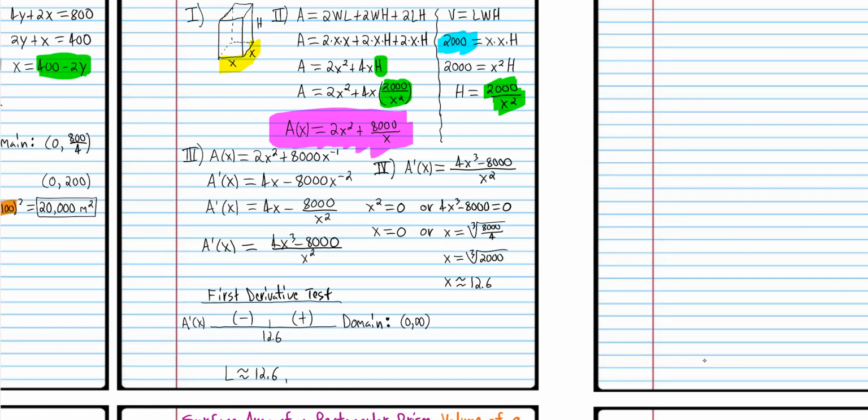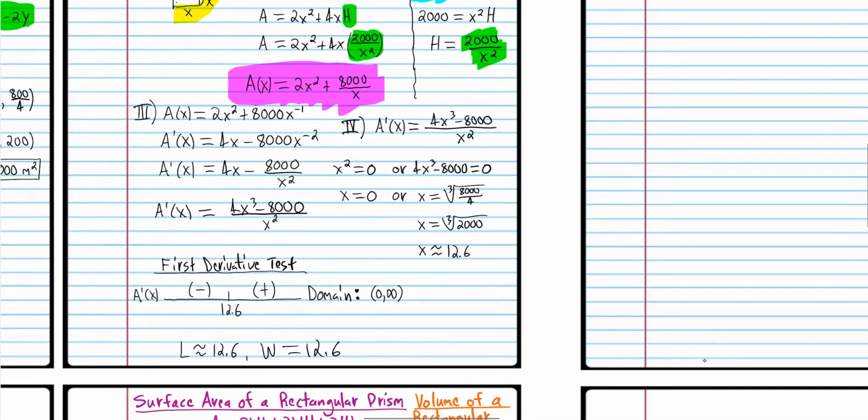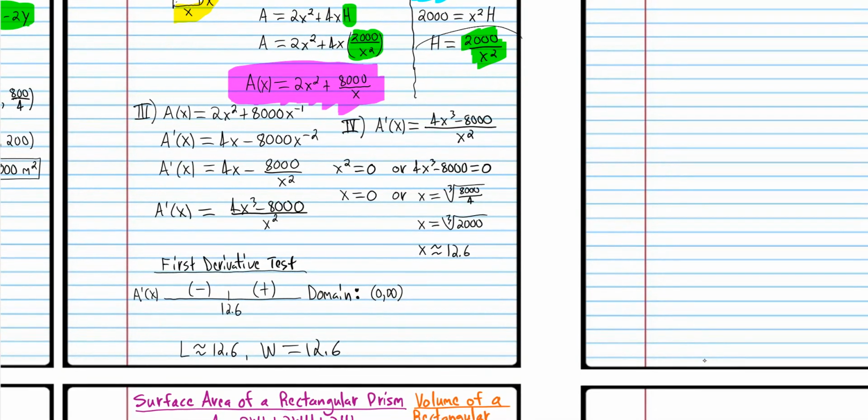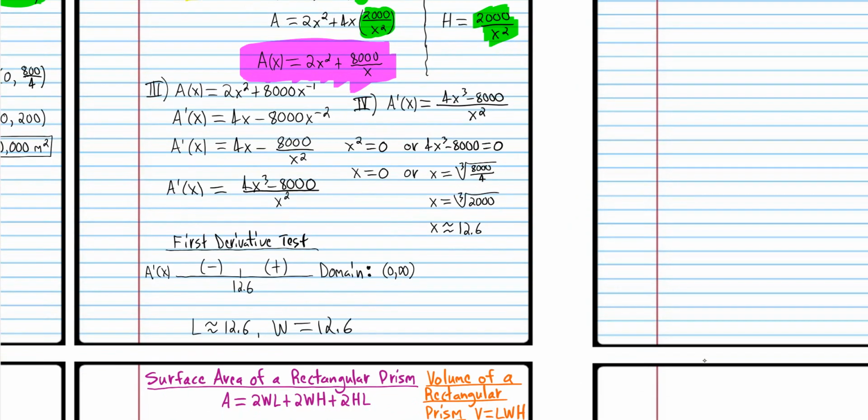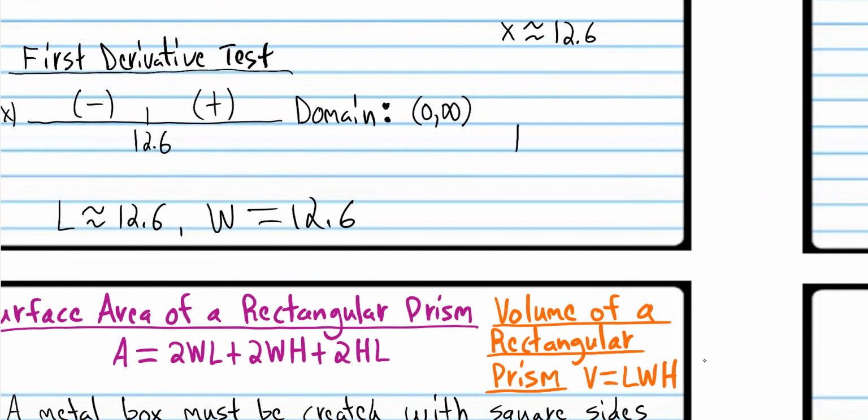The length is x, the width is also x, so the width is also going to be 12.6. And now let's look at h. H is going to be 2,000 over x squared. So I'm going to write that over here: 2,000 over x squared, but x is going to be 12.6.